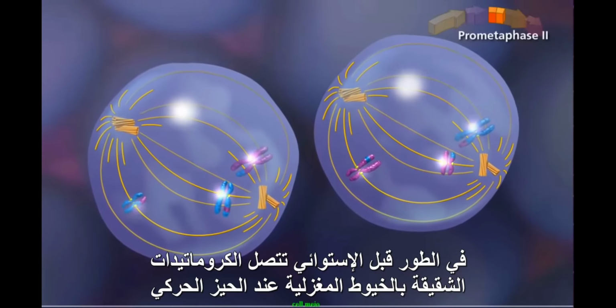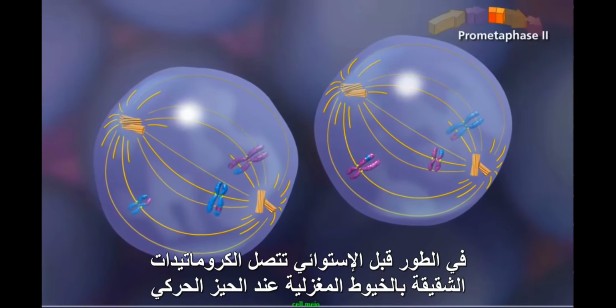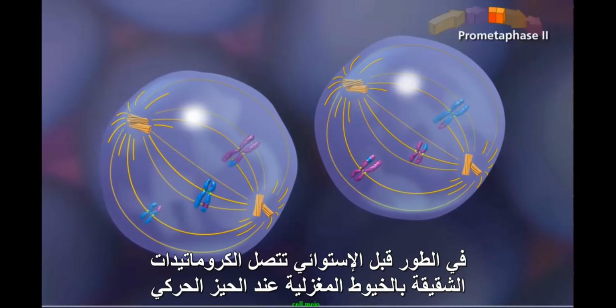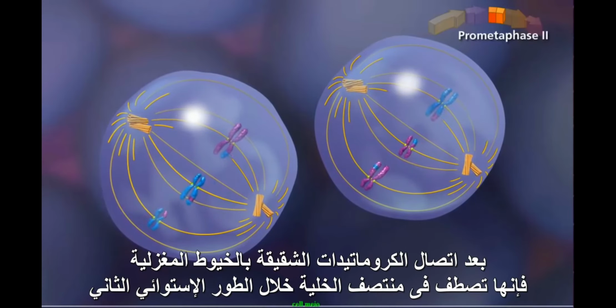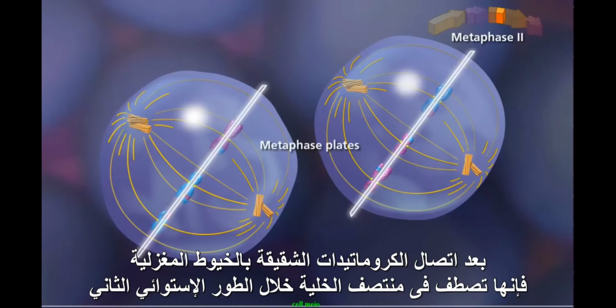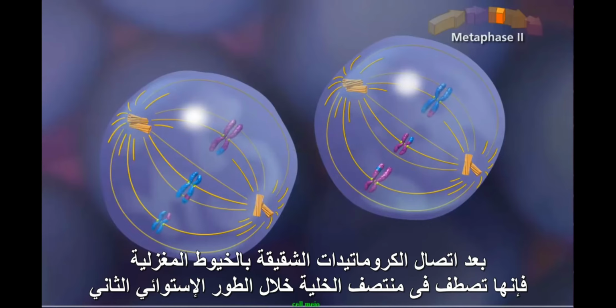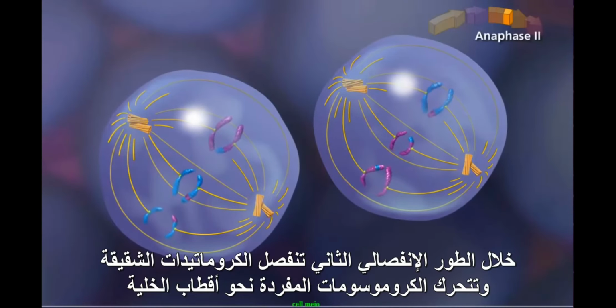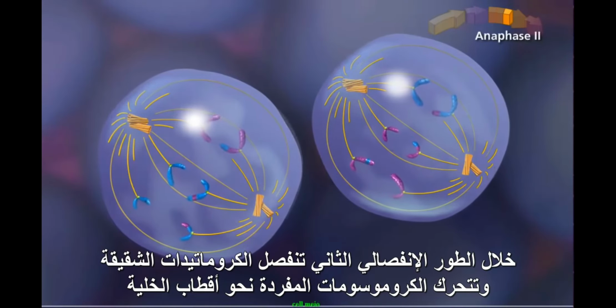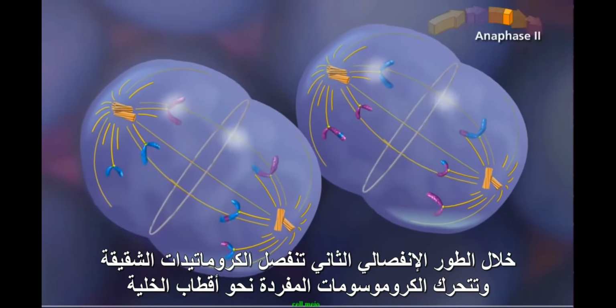In prometaphase II, the sister chromatids attach to the spindle by kinetochore microtubules, with sister chromatids attached to opposite poles. The spindle aligns the sister chromatids along the metaphase plate during metaphase II. During anaphase II, sister chromatids separate and individual chromosomes move toward the poles.